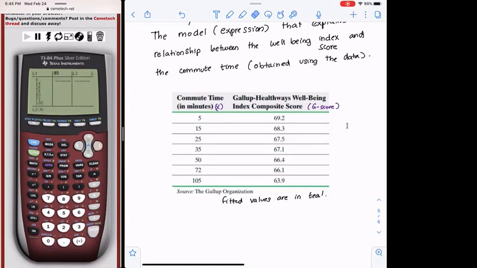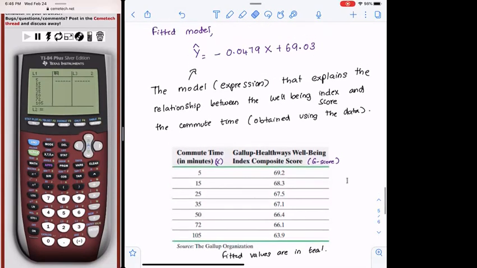And I'm going to use an equation to compute the fitted values. And what would that equation be? That equation is our fitted model. So negative 0.0479 multiplied by list 1 plus 69.03 and enter. So it automatically populates the values here.